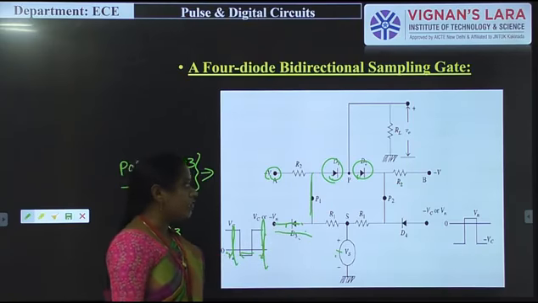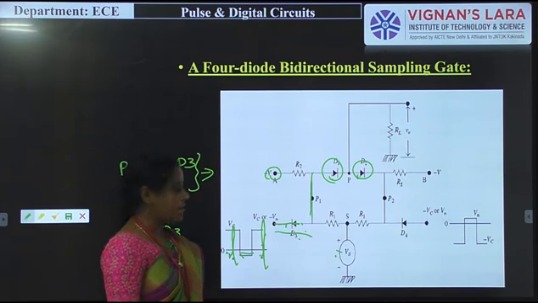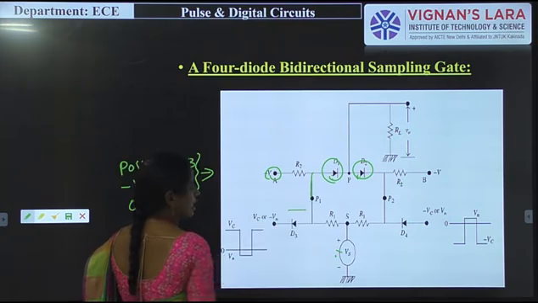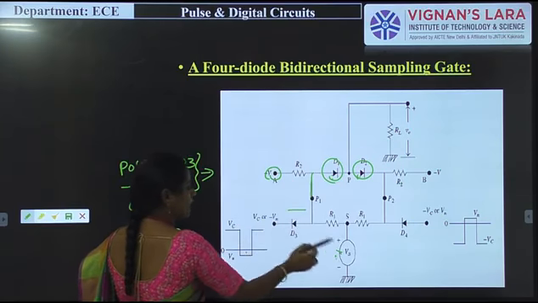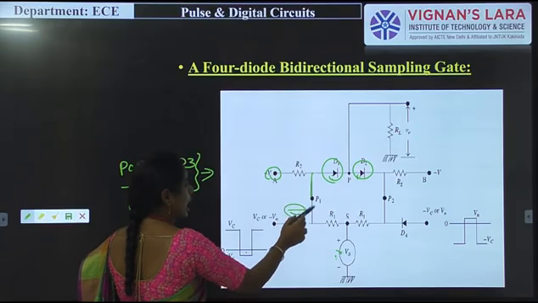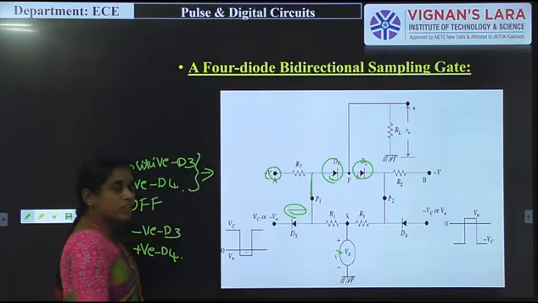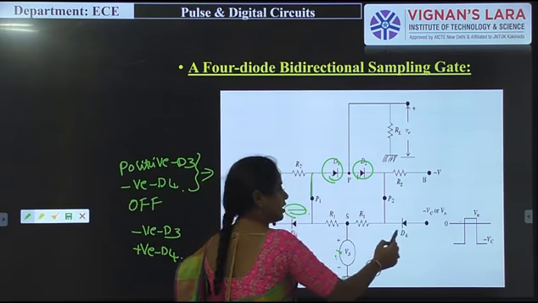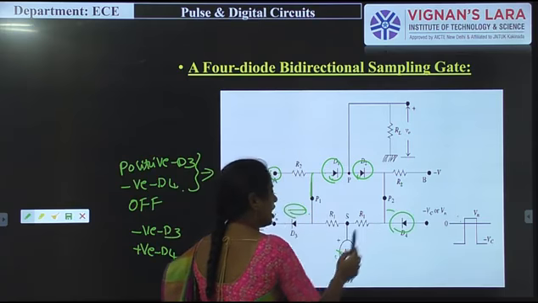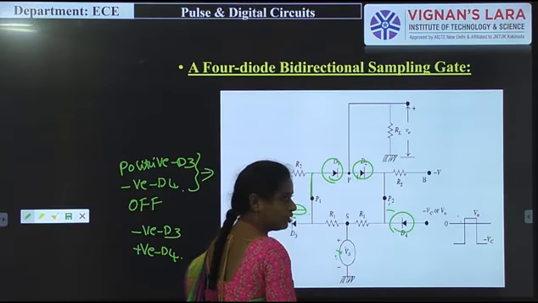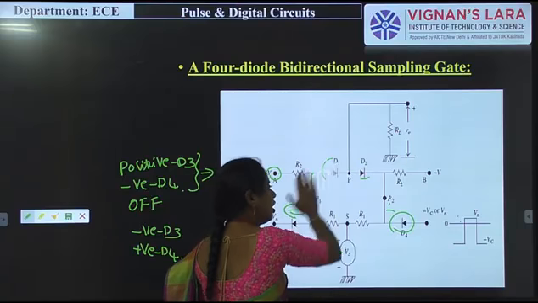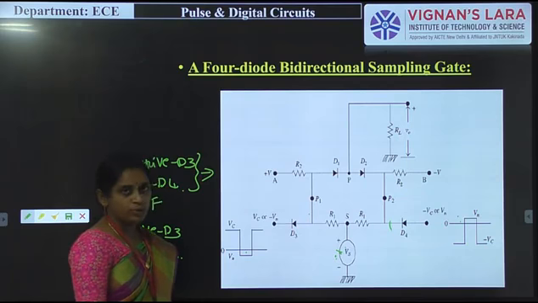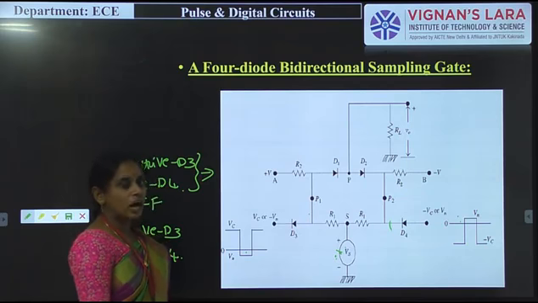So diode D1 and D2 both go to off condition. This negative signal will be larger than Vs, so we get a negative signal at diode D1 and it goes to off condition. At the same time, we apply a positive signal here, so diode D4 is conducting, and D4 and Vs reach the cathode terminal of diode D2. So diode D2 also goes to off condition. Whatever the input signal, it is not produced at the output side.